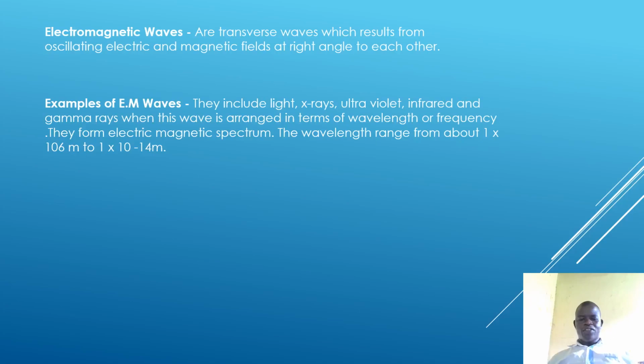You can use the acronym GXUVIMR. If you arrange them in order of increasing frequency, you have radio waves, microwaves, infrared, visible light, UV light, X-rays, and lastly gamma.